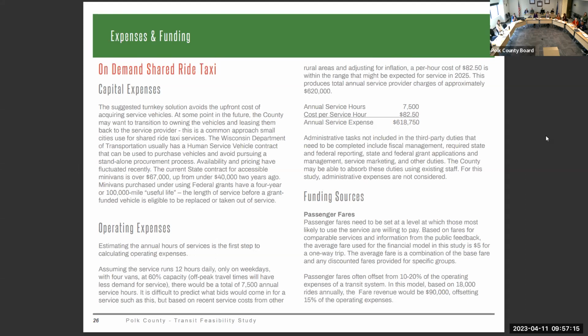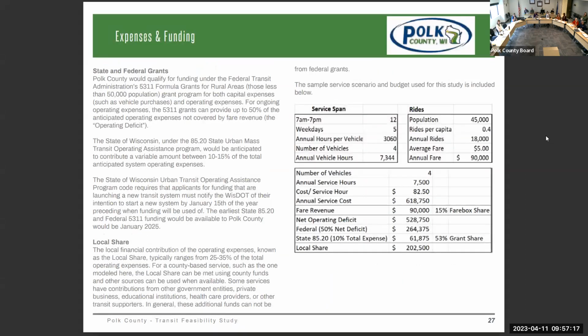So if you look at the next page, the charts on the right, based on the assumptions that we talked about earlier, I was estimating the annual vehicle hours would be 7,300 and change. An average fare of $5, the annual number of rides, number of vehicles, and so basically, when you take the fare box share off the federal and state, the local share would be, of the total of 620,000, give or take, about 200,000.